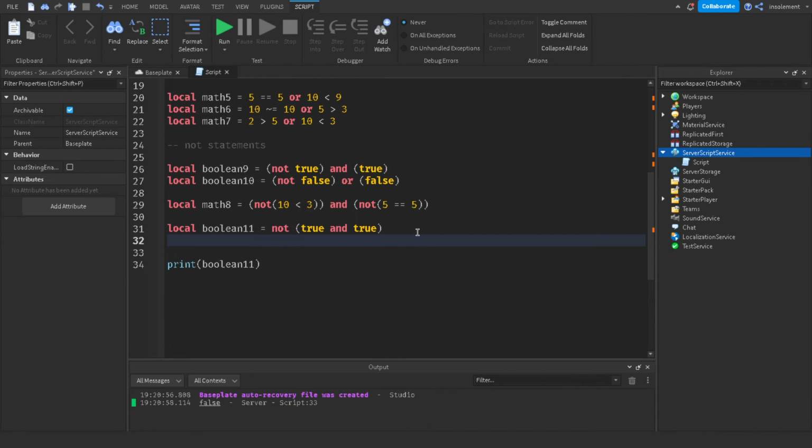But what if we did local boolean 12, not true or false, right? Let's do this. False or false. This would be false. But our not flips it into a true, right? If we did this, true or false, this would be true, but our not here flips this into a false, right?